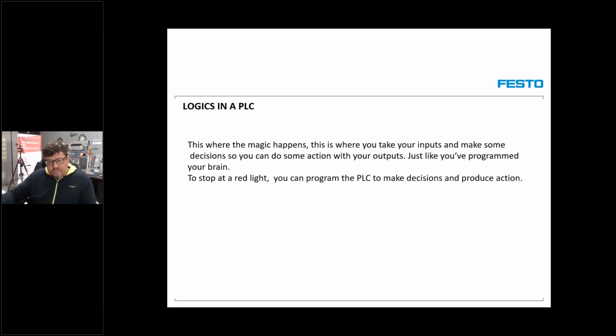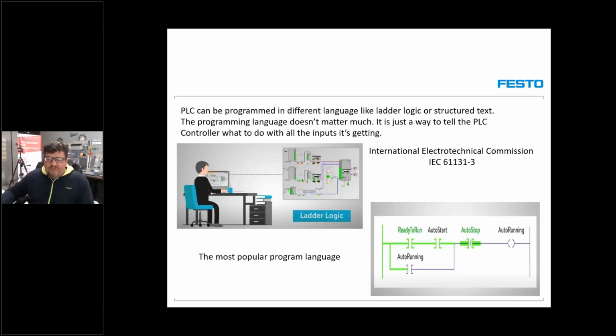Right, now guys, a PLC can be programmed in different languages, like I've mentioned before, such as ladder logic or structured text. These are the two most common and popular programming languages used within the industry.